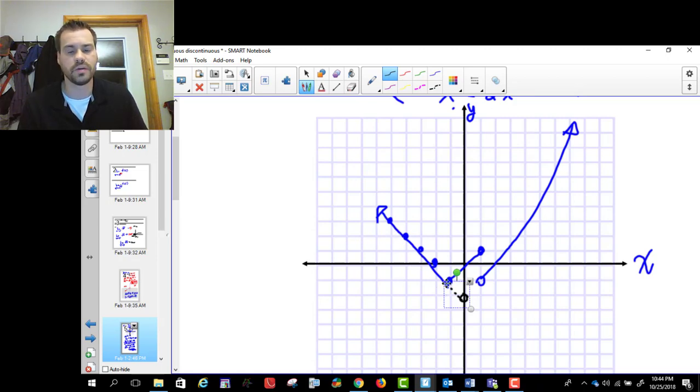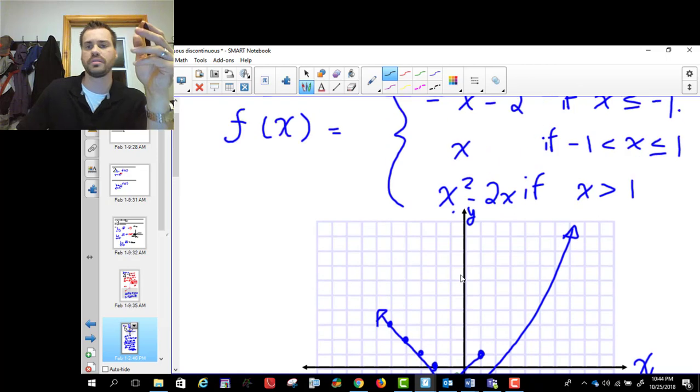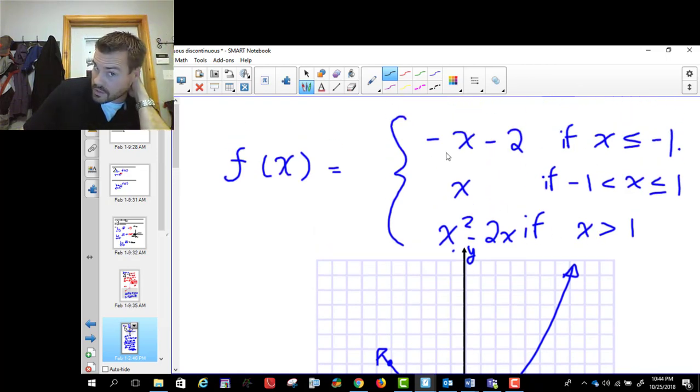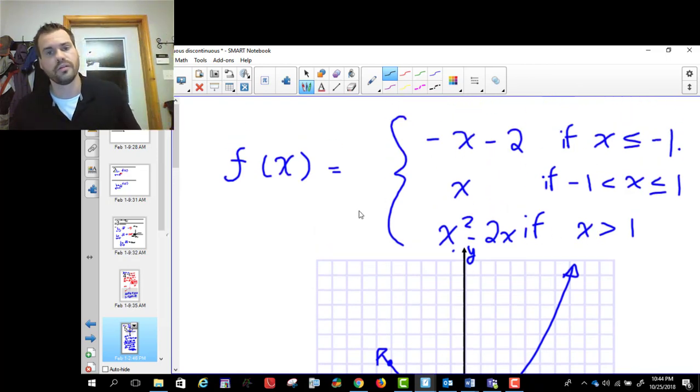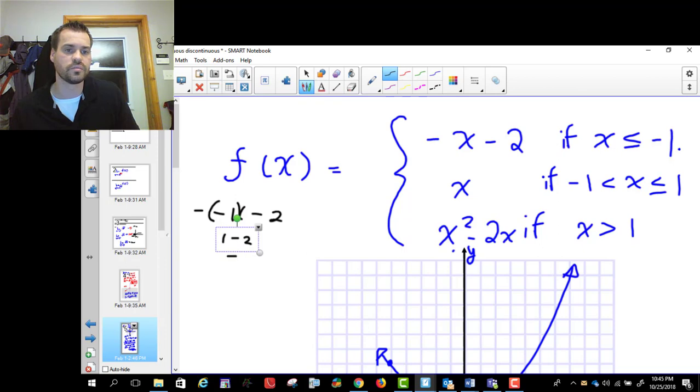But then at minus 1, it switches. Now what's interesting is, at minus 1, if I just focus on minus x minus 2 and put in minus 1, minus times minus 1 is 1, and then minus 2 gives me minus 1.